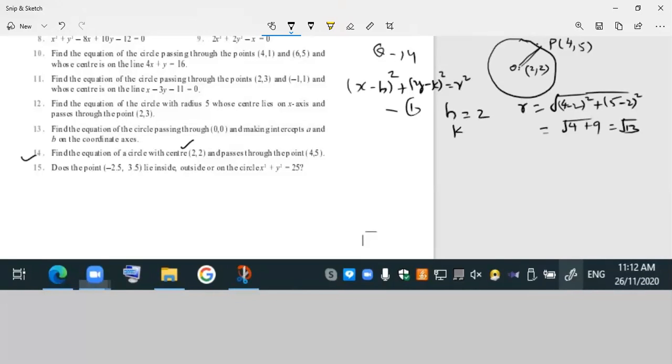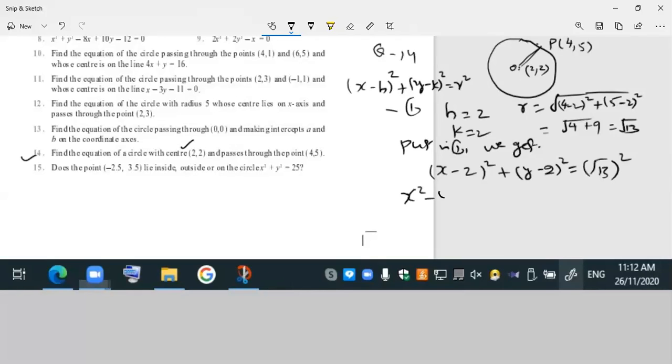h is equal to 2, k is equal to 2. So we put these in and we get the equation of the circle: (x minus 2) whole square plus (y minus 2) whole square is equal to r square, that is, root 13 squared. The square root will cancel. Expanding, x square minus 4x plus 4, y square minus 4y plus 4 is equal to 13.